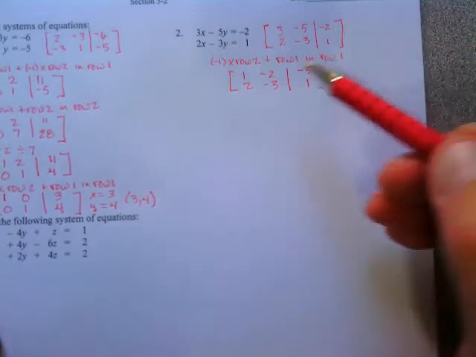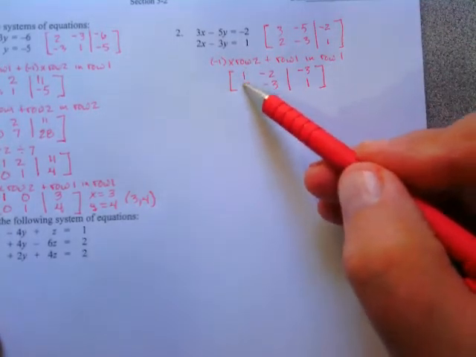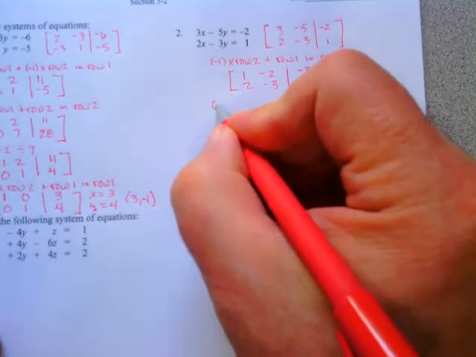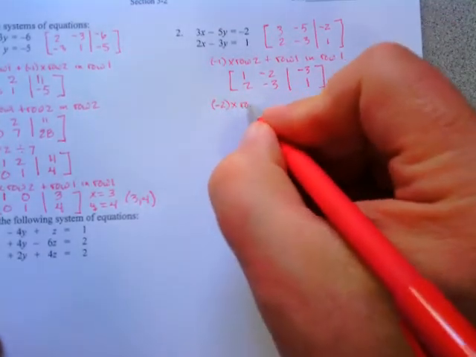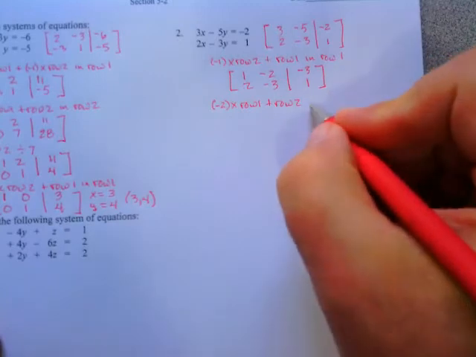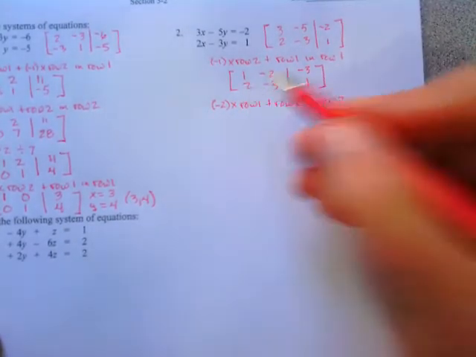So again, we did that. We got that to be a 1, and now we want that one to be a 0. Okay, so in this case, I'm going to take negative 2 times row 1 plus row 2, and I'm going to put that in row 2 so that I can make that into a 0.